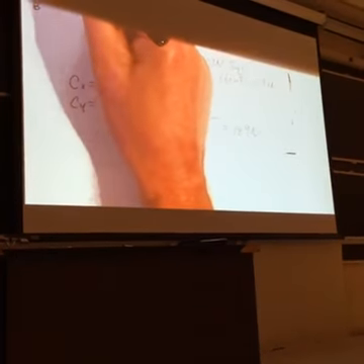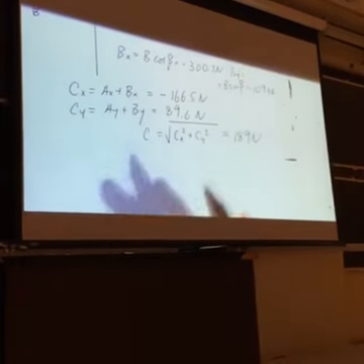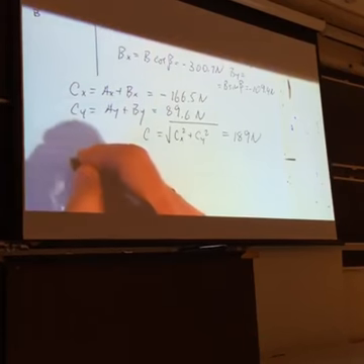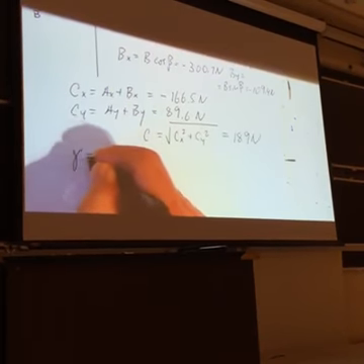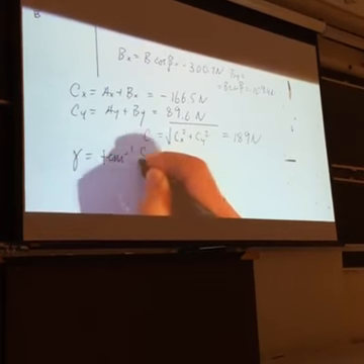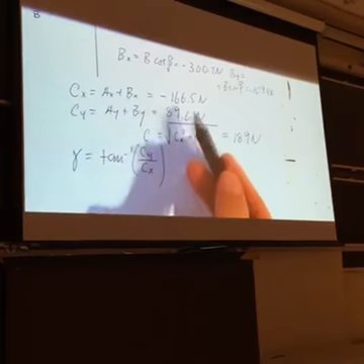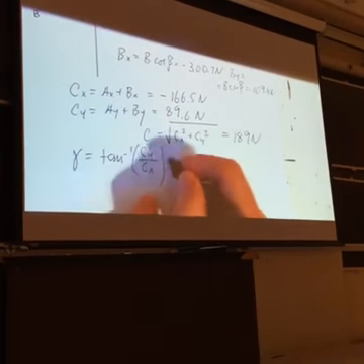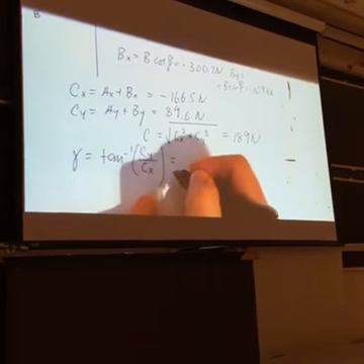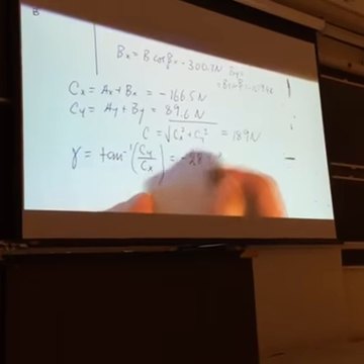The angle, I can call it gamma. It's the inverse tangent of Cy over Cx. One is positive, one is negative, so this is going to be a negative number. For this angle, I get negative 28.3 degrees.